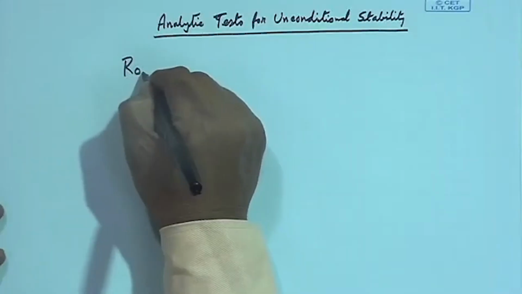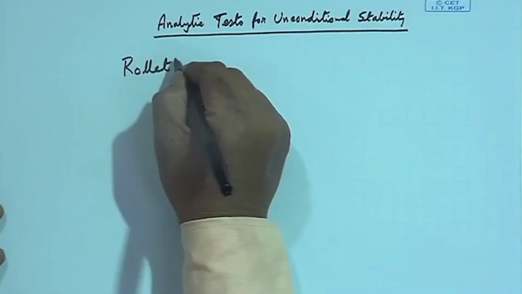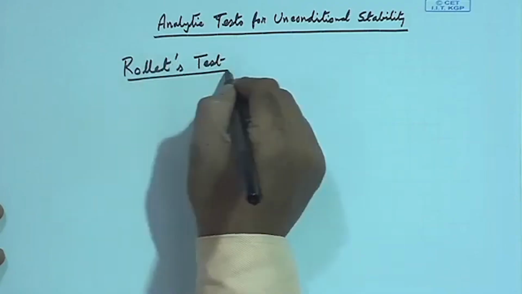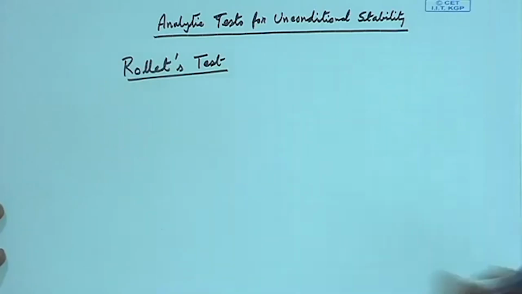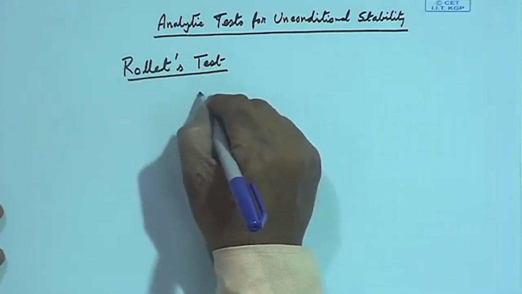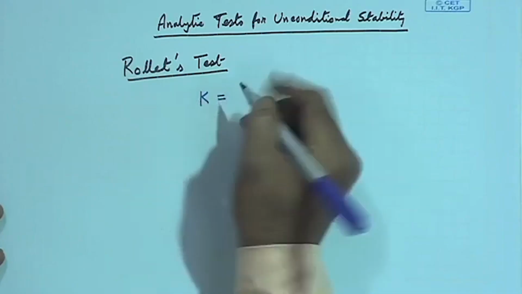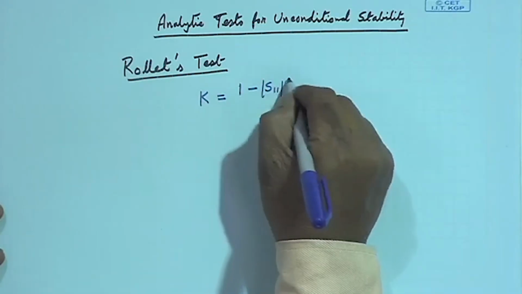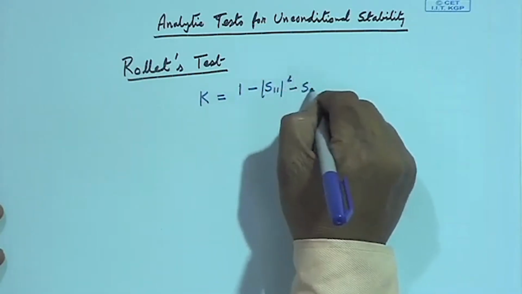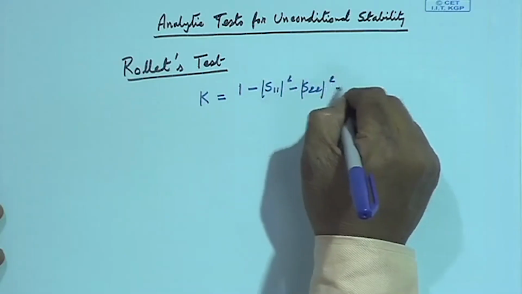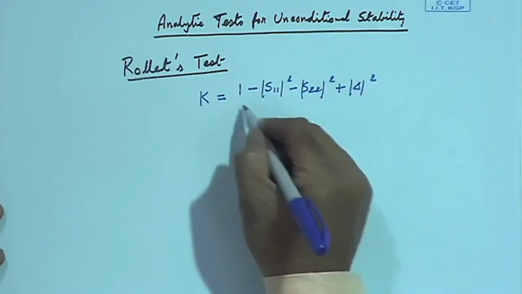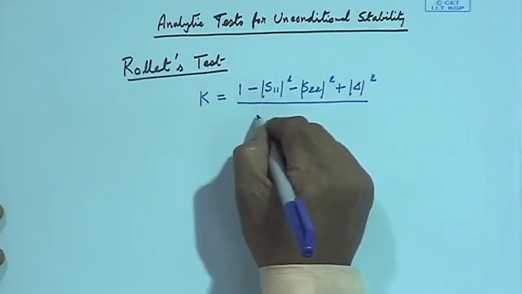There are two tests, and you can do either one. The first is called Rollett's test, or Rollett's stability criteria. Rollett found a parameter called K, which is given by 1 minus S11 squared minus S22 squared plus delta squared, divided by 2 times the magnitude of S12 S21, where delta is the determinant of the S matrix.